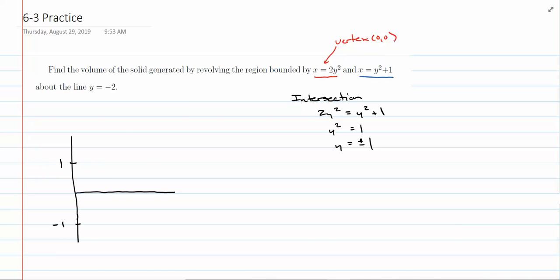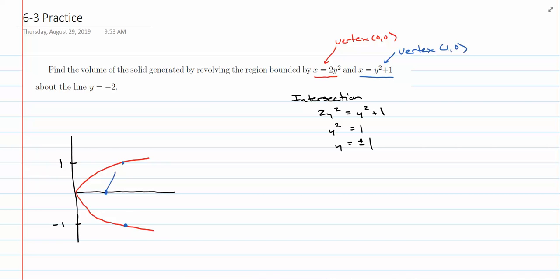That does go to the point (0, 0), so that parabola is going to look something like this. The blue one, since it's y squared plus 1, is going to be shifted 1 unit to the right. The vertex of that parabola is actually going to be at (1, 0). So it's going to have its vertex right here, but it is going to intersect the red one at plus and minus 1.